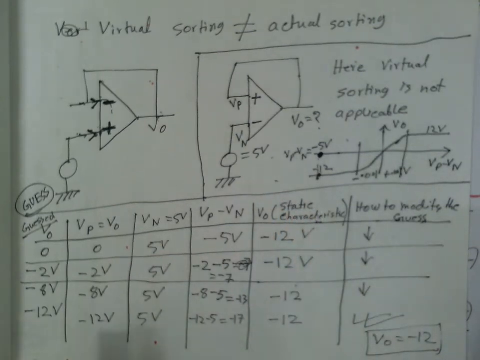So our guess and the value from the characteristic curve match, they are equal. We got the solution.